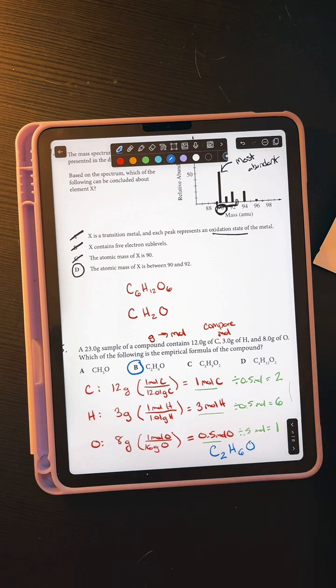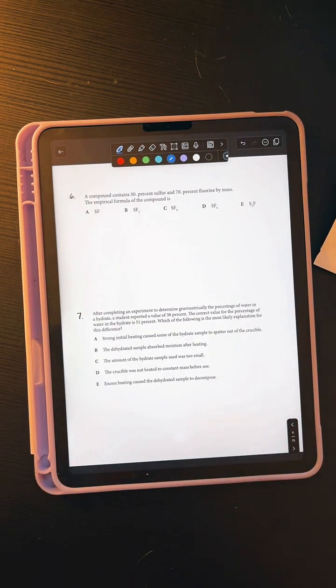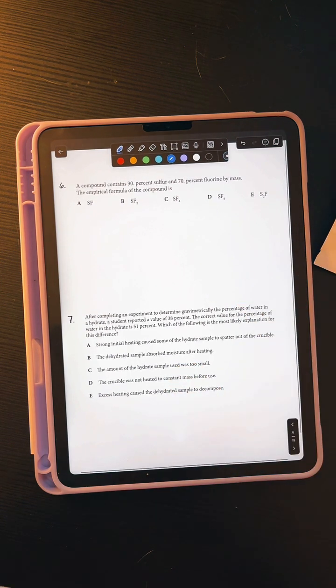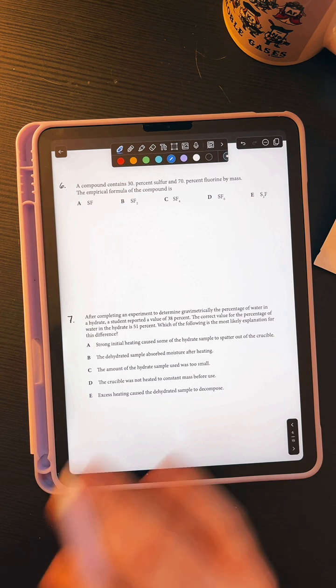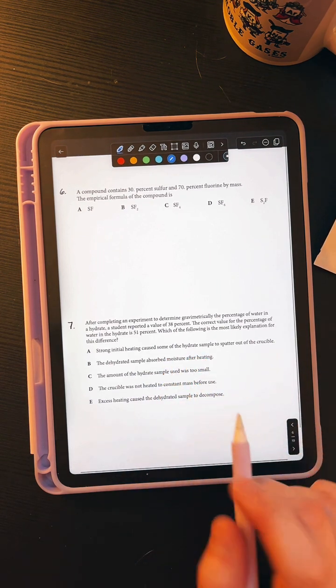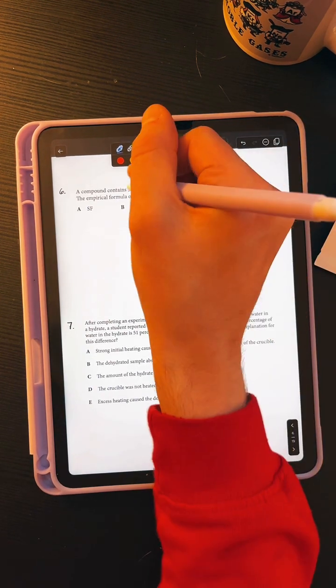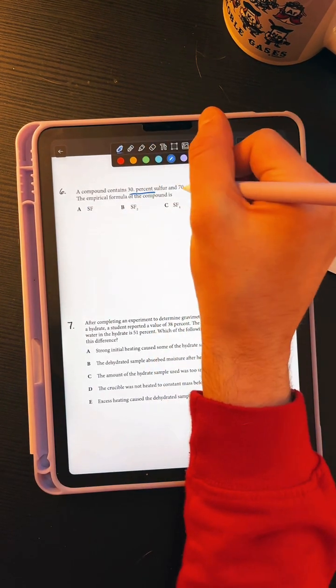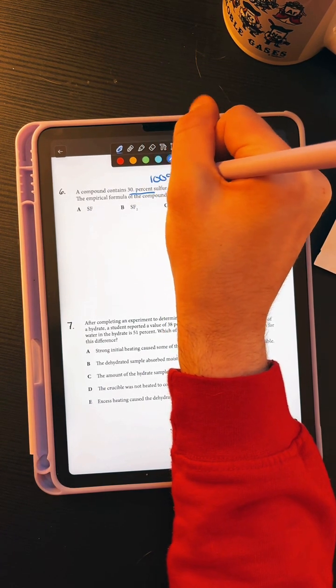All right, we're going to do another empirical formula one. So a compound contains 30% sulfur and 70% fluorine by mass. The empirical formula of the compound is, so now we have something with percentages. But if we look here, 30% and 70%, that equals 100%.